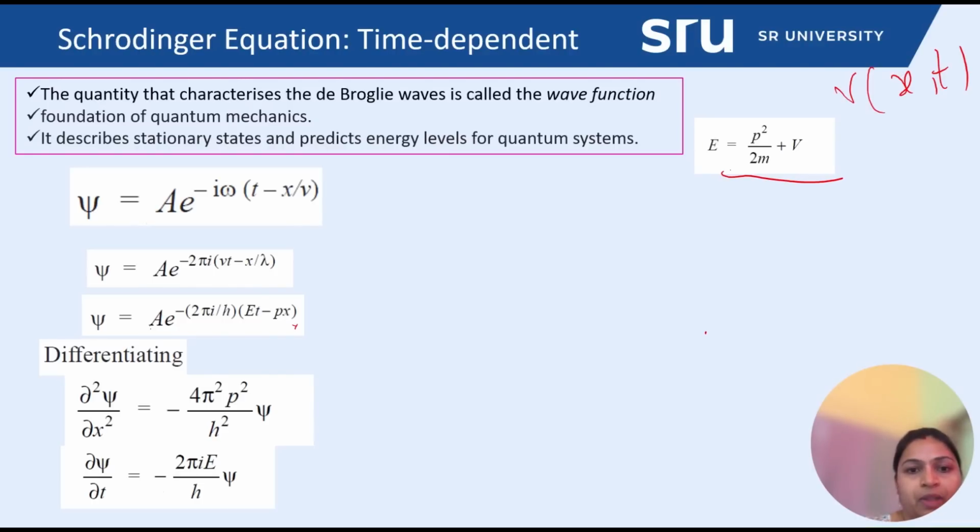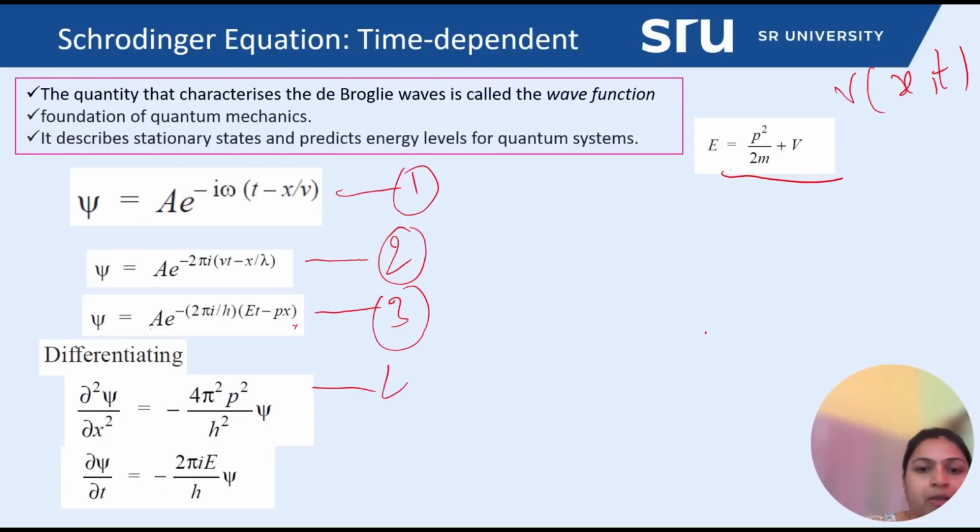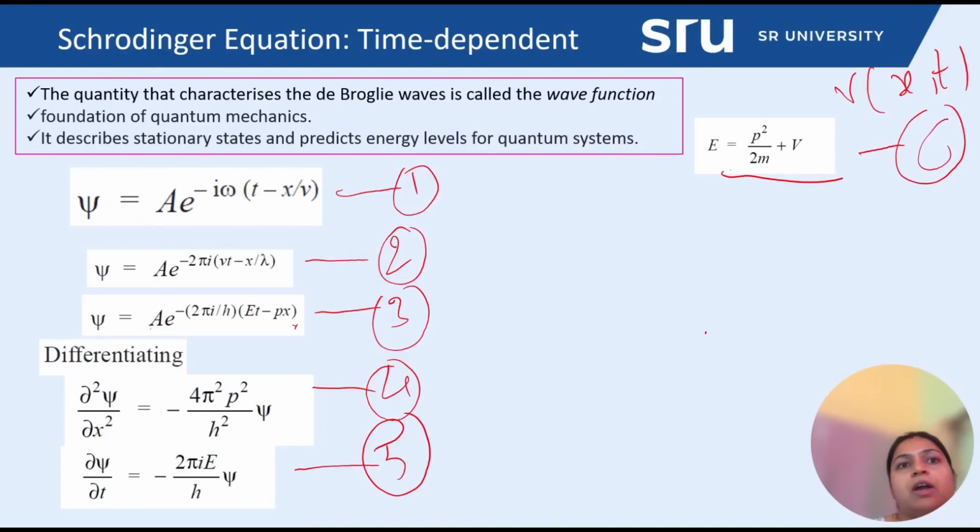This is our equation 6. Now if we multiply equation 6 with psi, one can get E psi is equal to p square psi by 2m plus V psi.